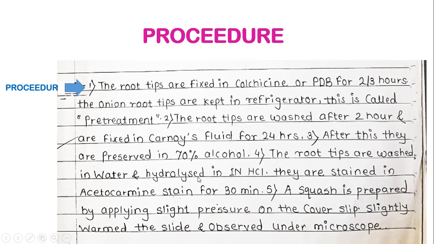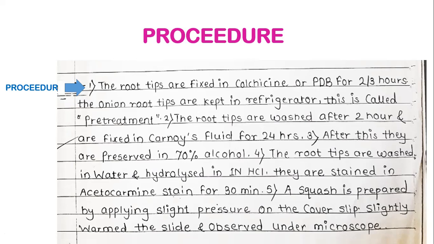After warming the slide in 1 normal HCl, cool down the slide. Then on a clean slide, take the root tip out of the HCl, wash it in water, and place the root tip in the center of a clean slide.